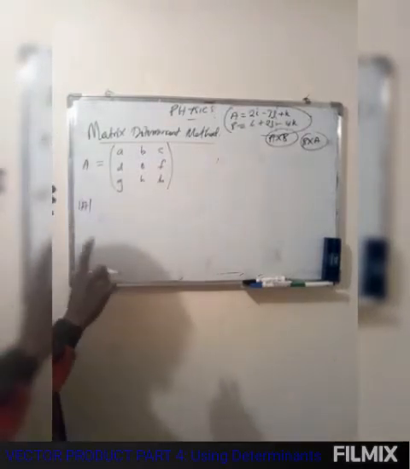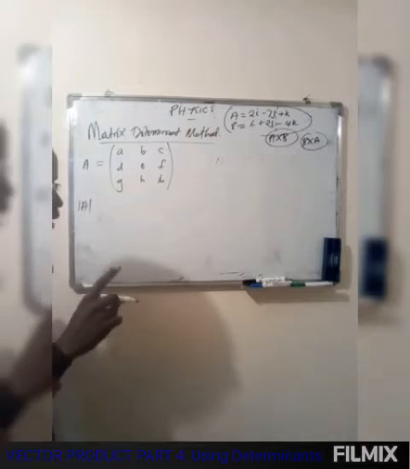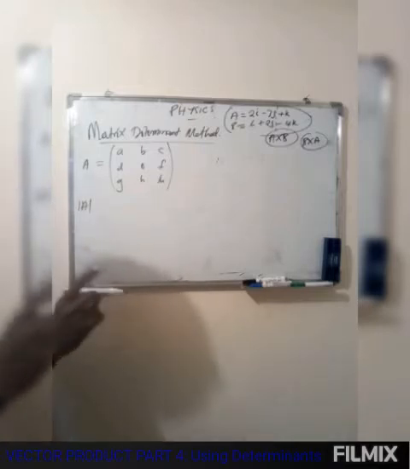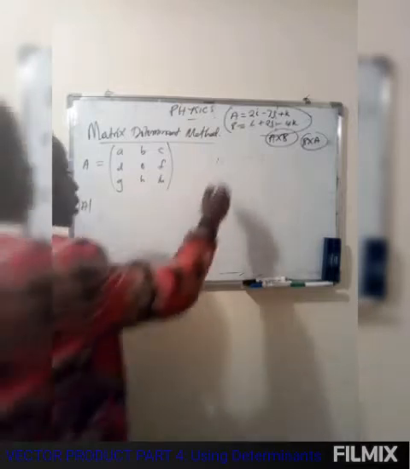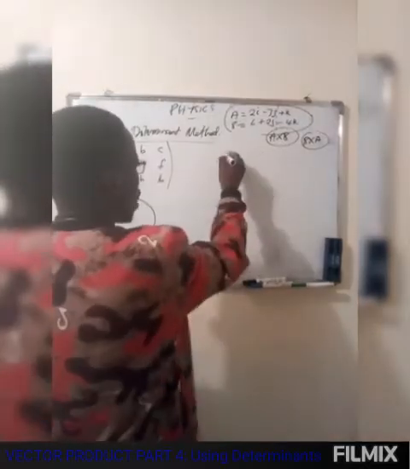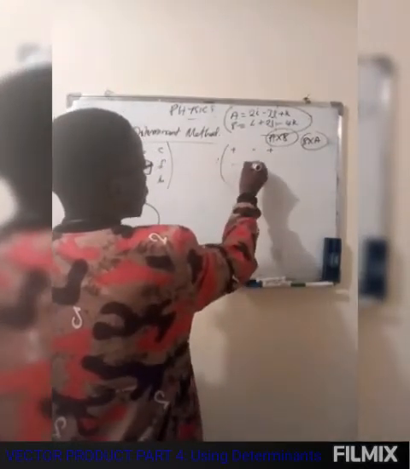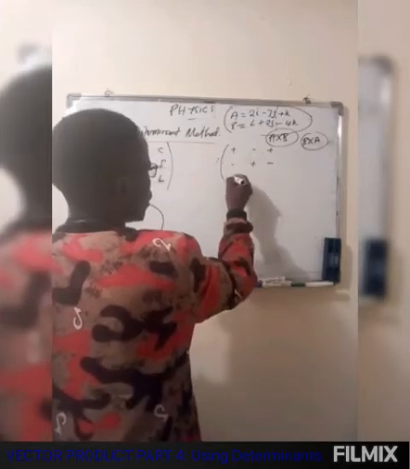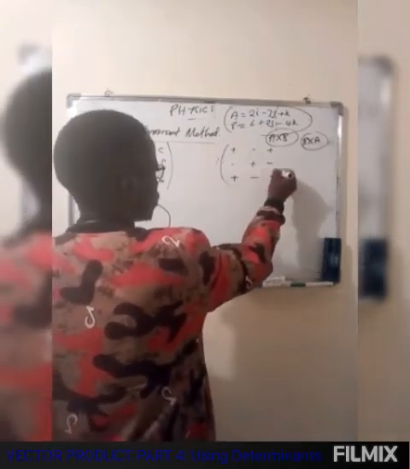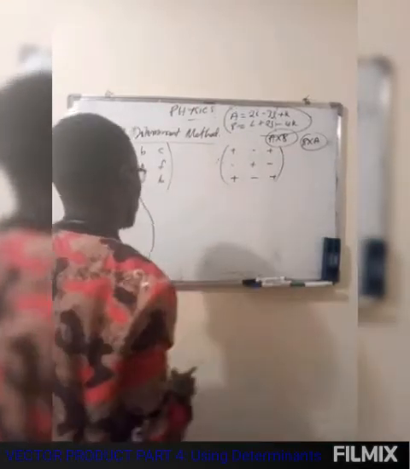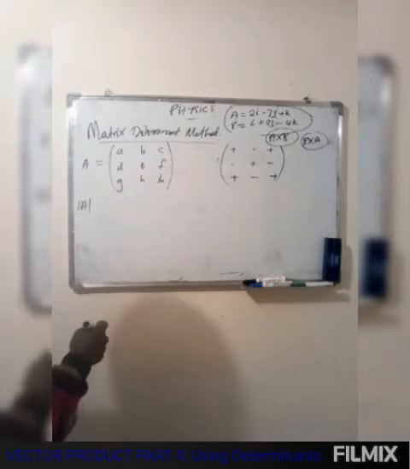I'm not going to explain how we get those placeholders, like I mentioned, I'm going to explain that in mathematics. The placeholders we're going to have are positive, negative, positive, then negative, positive, negative, then positive, negative, positive. So they alternate, positive and negative, like that.